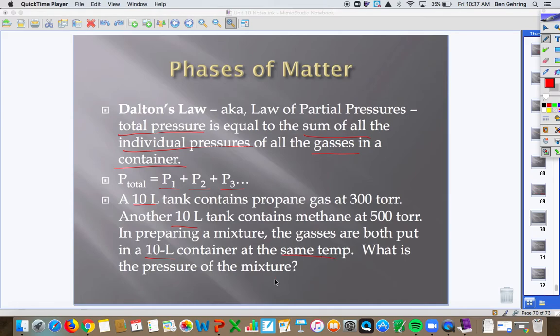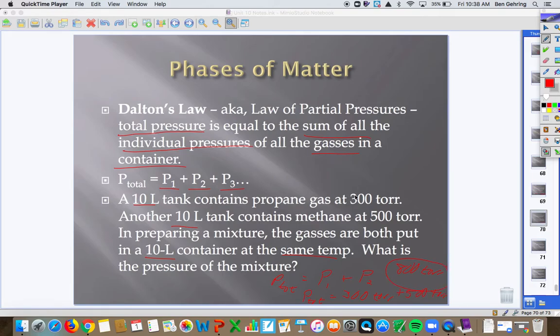I have P total equals P1 plus P2. So P total has to equal 300 torr plus 500 torr, which is going to mean my P total is 800 torr.